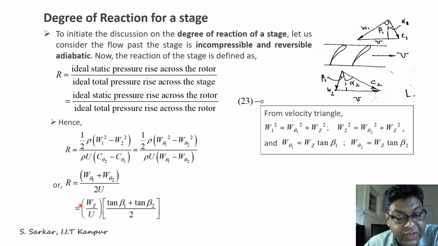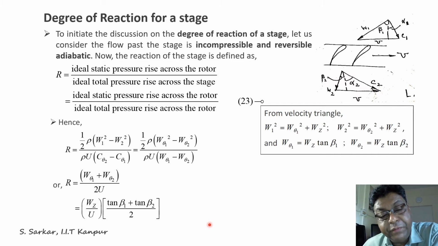Now Wz by U is the flow coefficient phi, and (tan beta 1 plus tan beta 2) by 2 is nothing but tan beta m. Therefore, for incompressible and isentropic flow, R is equal to phi into tan beta m.